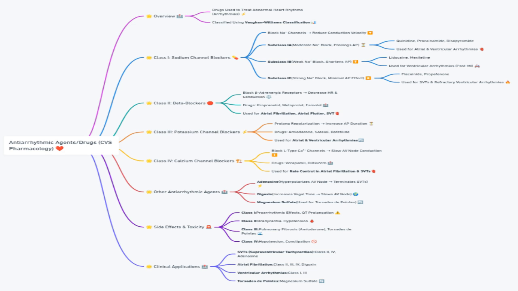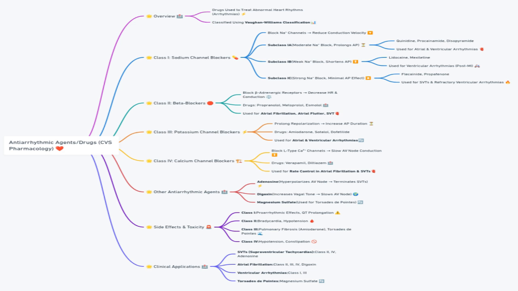It prolongs QT, and it's used in atrial and ventricular arrhythmias, AFib and VT. It has some side effects. For example, amiodarone has several side effects like pulmonary fibrosis, hepatotoxicity, thyroid dysfunction, corneal deposits, and also sotalol and dofetilide can cause torsades de pointes.